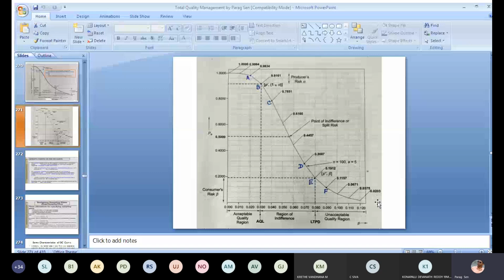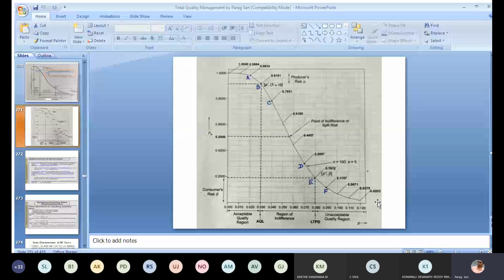So what is the intention of this? See, we are discussing the acceptance sampling plan. What is an acceptance sampling plan? In an acceptance sampling plan, we have nothing to do with the capital N or the lot size.